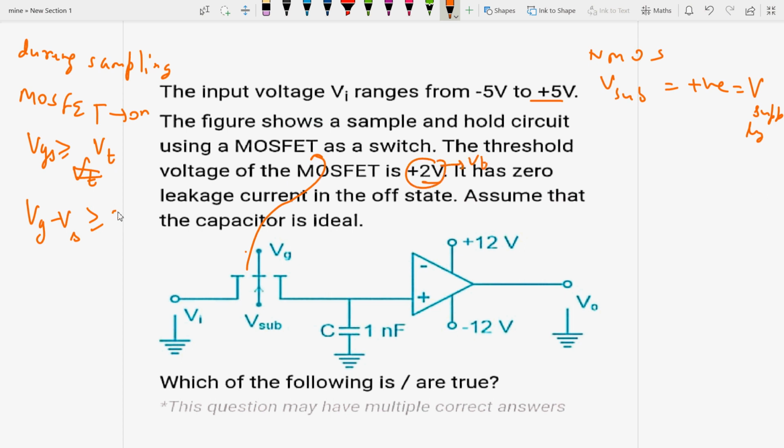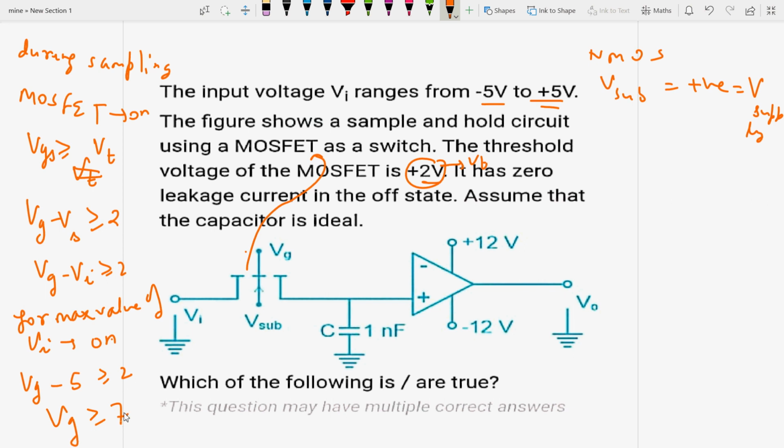So put down the value here, 2 volt, right? So it is Vg minus Vi greater than or equal to 2. For the maximum value of Vi, it must be on. Input Vi is the input voltage, so it is ranging from minus 5 to plus 5. So Vg minus 5 greater than or equal to 2. So Vg greater than or equal to 7, right? Now it was all during the sampling process.